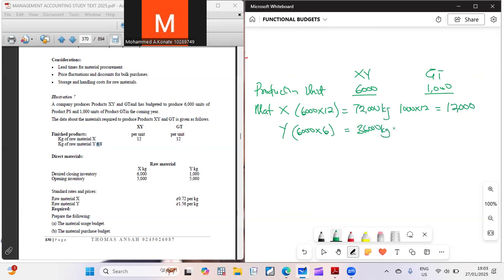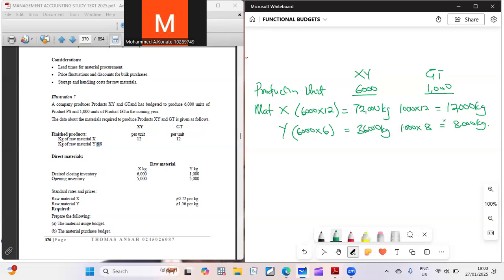These things are in kilograms. And this one, we have 1,000 and we will be multiplying it by 8, and that gives you 8,000. All right, basically that is that. That is what they are telling us, and these are what we have.